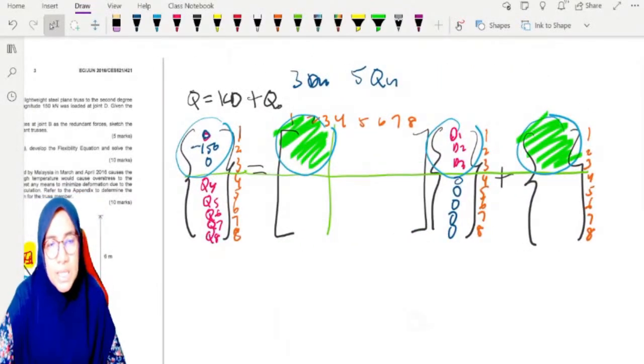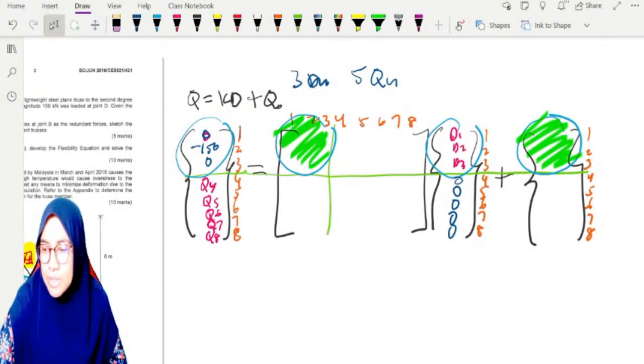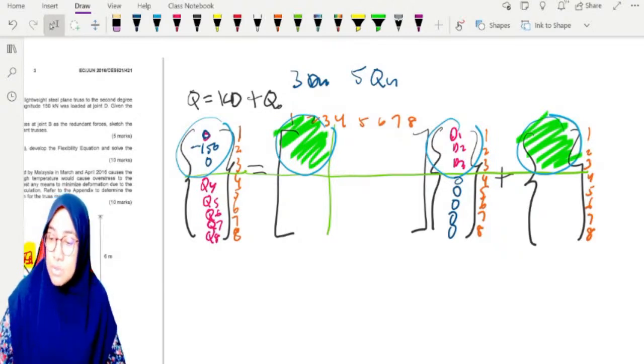Basically, you need to understand the question given. If the question asks you to establish the stiffness equation for the truss, then this will be the answer in full.